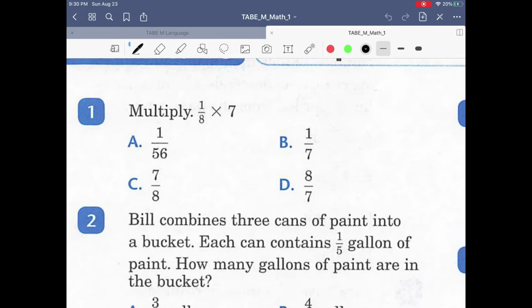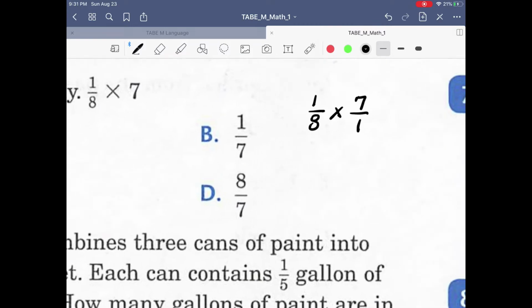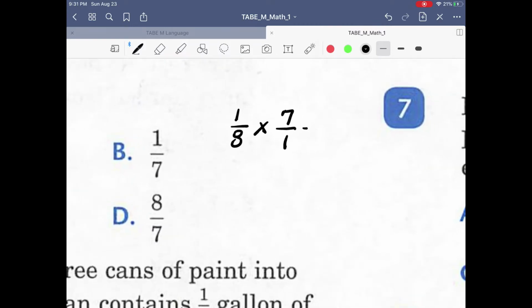But if you have a problem like this one, where you have a fraction times a whole number, here's what I would advise you to do. Take your whole number and make a 1 on the bottom. So you're saying 7 over 1, that's the same as 7. 7 divided by 1 is 7, so we're not changing the value at all here. And then top times top, 1 times 7, bottom times bottom, 8 times 1, and that will not simplify.